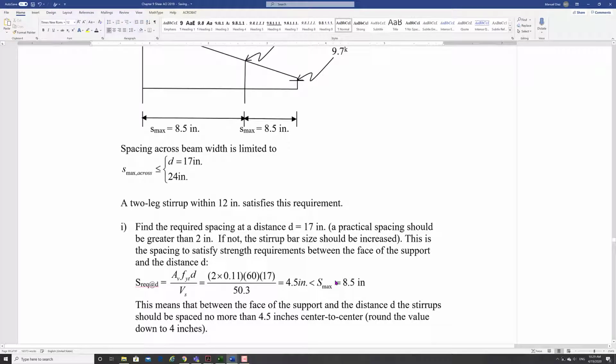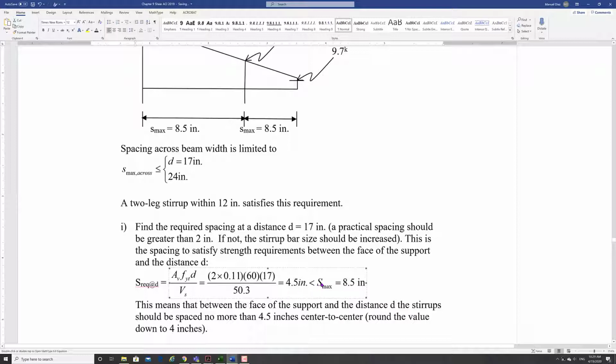So, what is the required spacing? My required spacing is based on the shear that I need to cover, which happens to be 4.5. This 4.5 is less than my 8.5, so I have to start with 4.